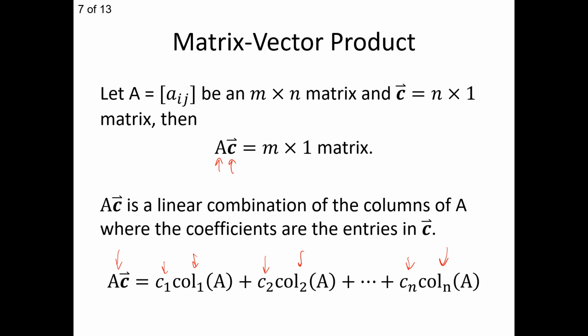Instead of walking through, taking each row and forming a dot product with the column, we can break it up and say it's really a linear combination of scalars times each column.